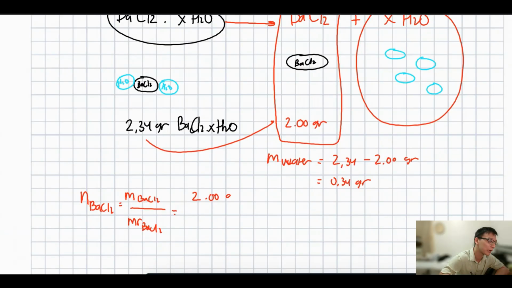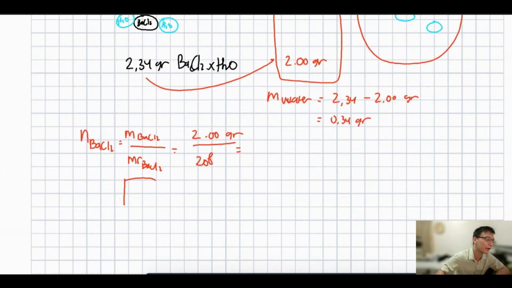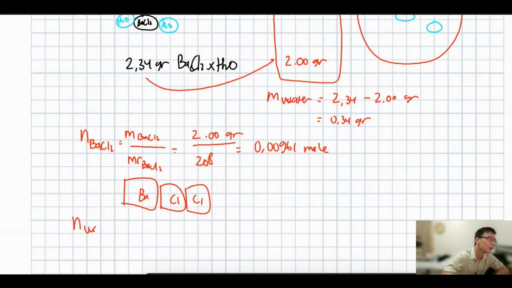So the mass will be 2 gram and the Mr will be 137 plus 2 times 35.5, so around 208, guys. Later during exams, you can calculate this using the periodic table, because barium chloride means 1 barium atom and 2 chloride atoms. So here, if we divide it, we get 0.00961 mole.